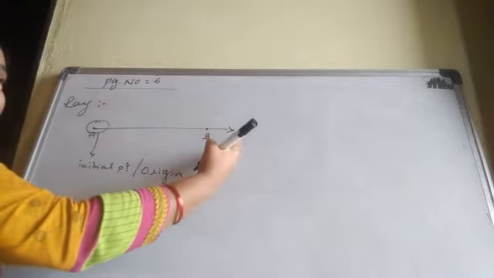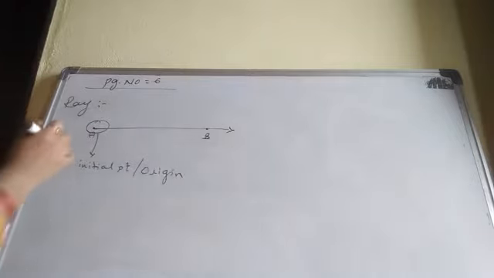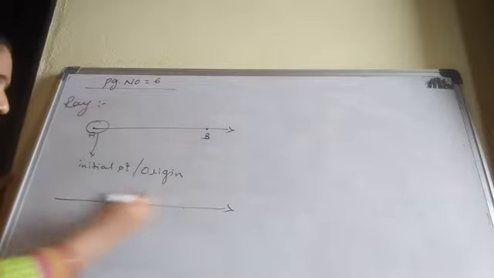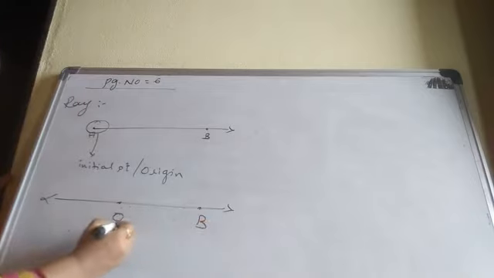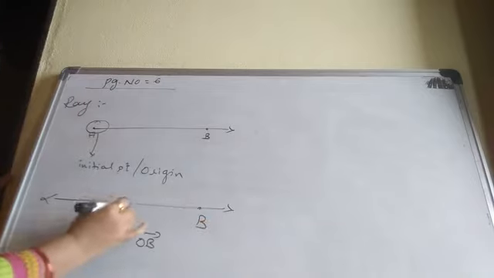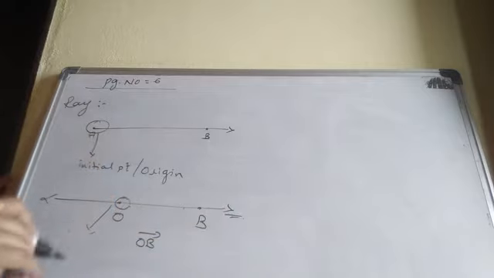And it extends infinitely in the other direction. A ray is a portion of a line. So here I can draw a line, I will write O, here B. See here, ray OB. Here it is my starting point and it extends infinitely in the other direction.